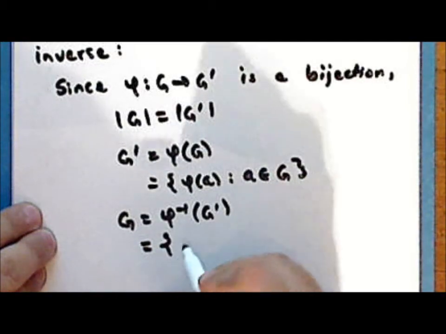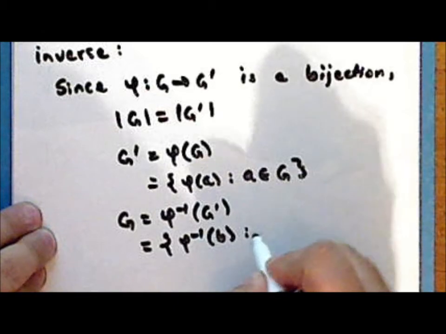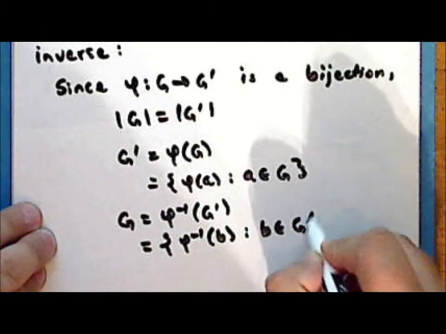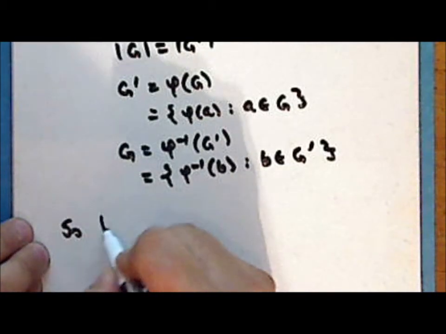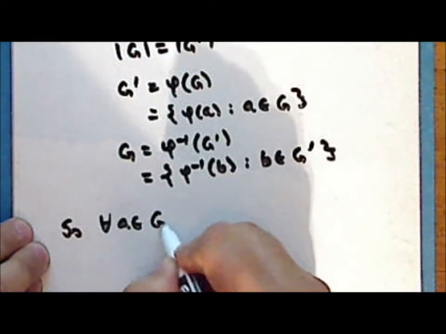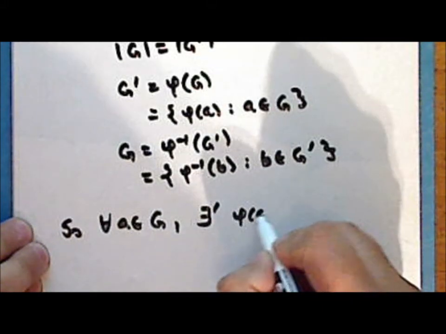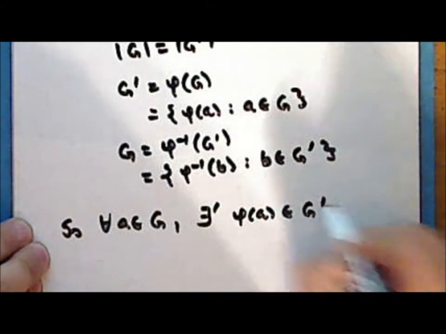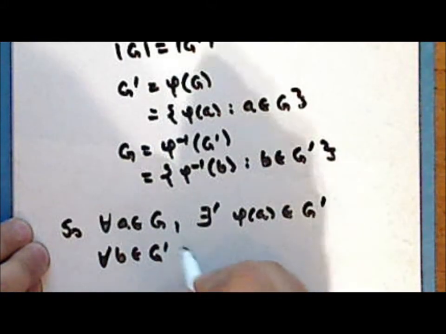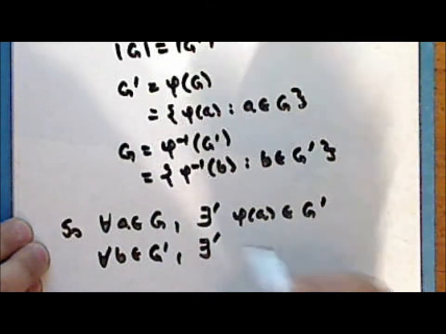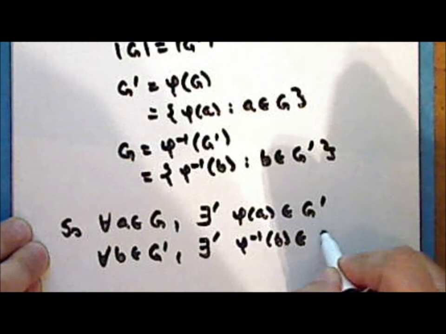That is, the group of the elements phi inverse of B, where B is an element in the group G prime. And so for every element A in the group G, there exists exactly one element, phi of A, in the group G prime, and for every element B in the group G prime, there exists exactly one element phi inverse of B in the group G.